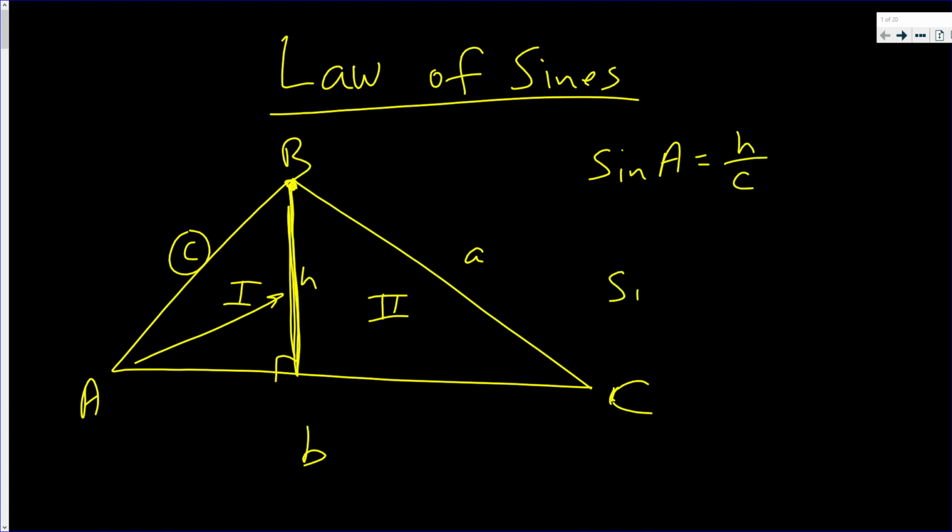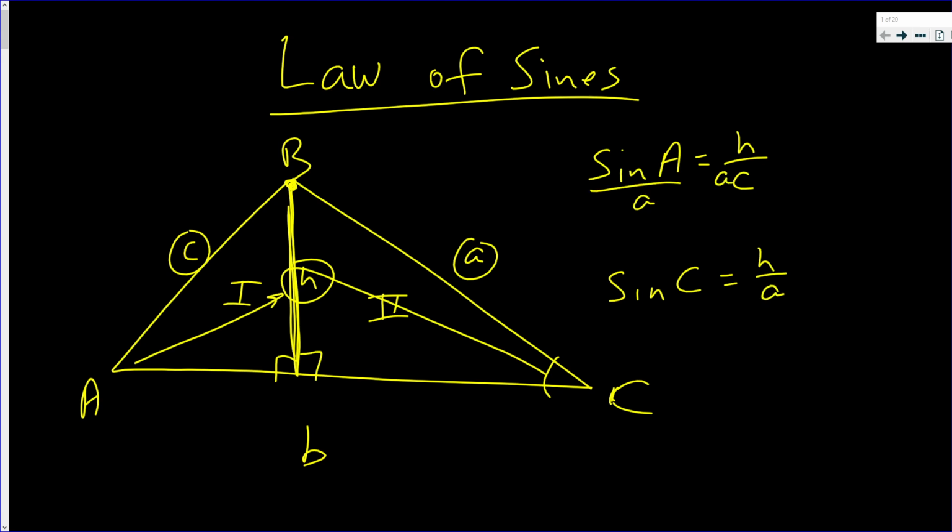And if we compute the sine of C, there's angle C, we get H over the hypotenuse. We get H over A. Now, if I divide both sides of the first equation by A and both sides of the second equation by C, notice that these are equal.